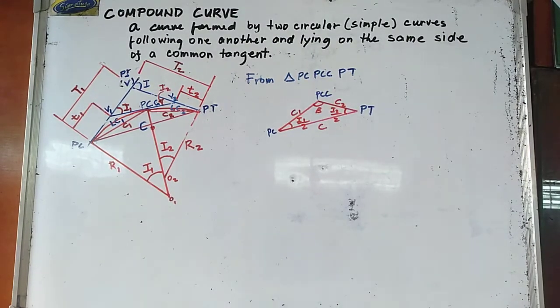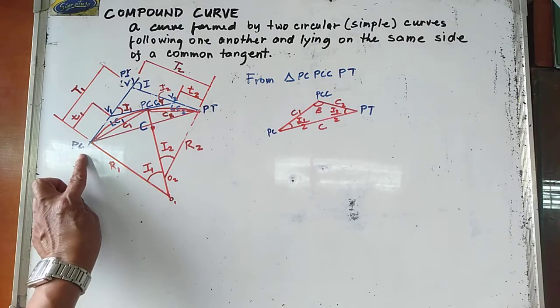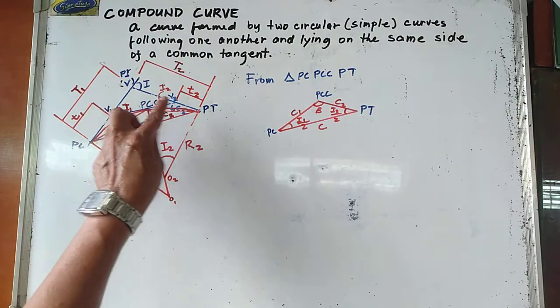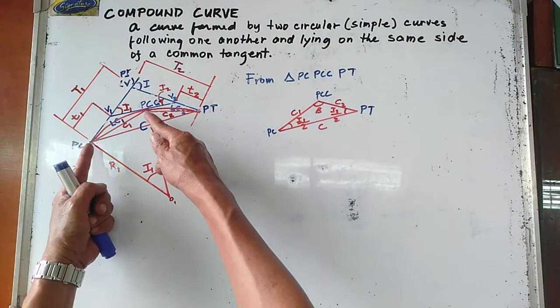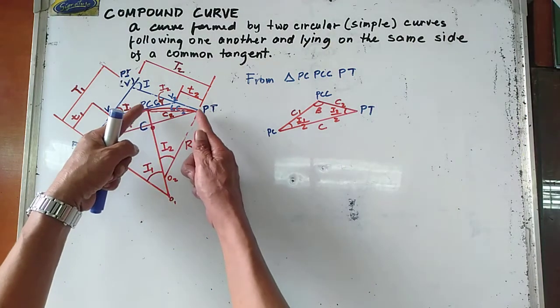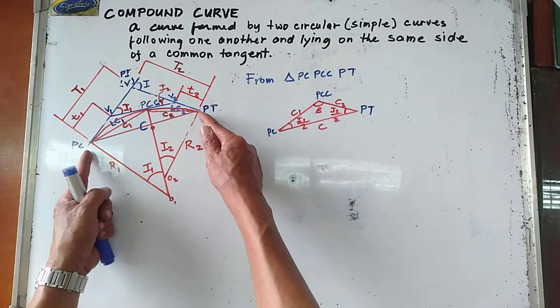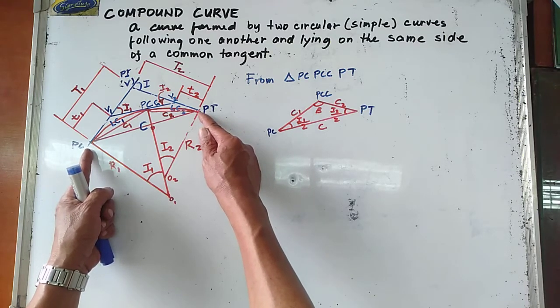Now, if you try to consider triangle TC, TCC, and TT, we have your C1, we have your C2, and we now have the long chord of the compound curve.